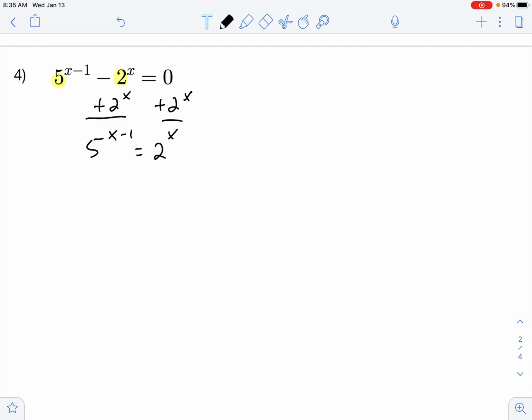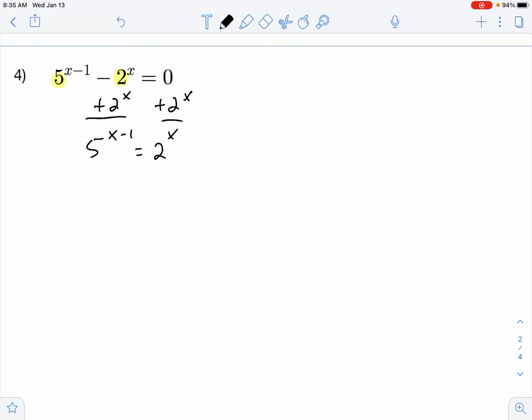So now this is where you have a choice. Because again, if I'm trying to get the x, I got to get rid of these bases. Well, I can't get rid of both at the same time because they're different bases. So I could choose to do log base 5 of both sides, and proceed from there.